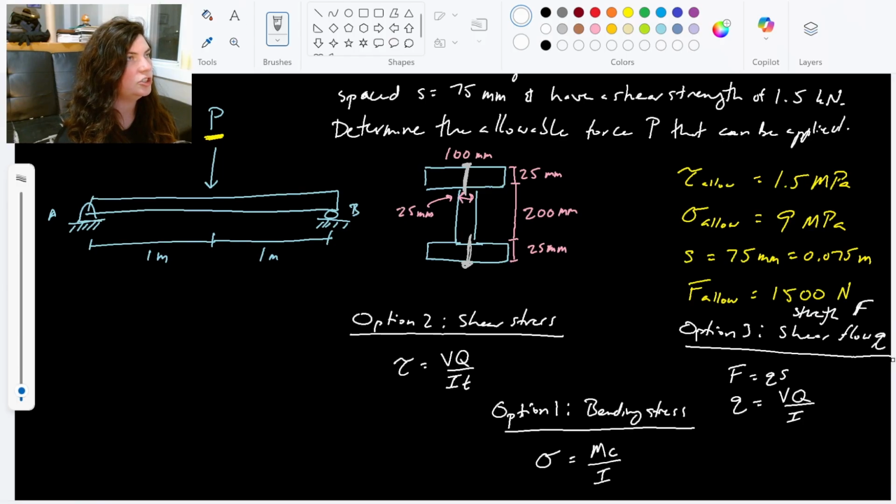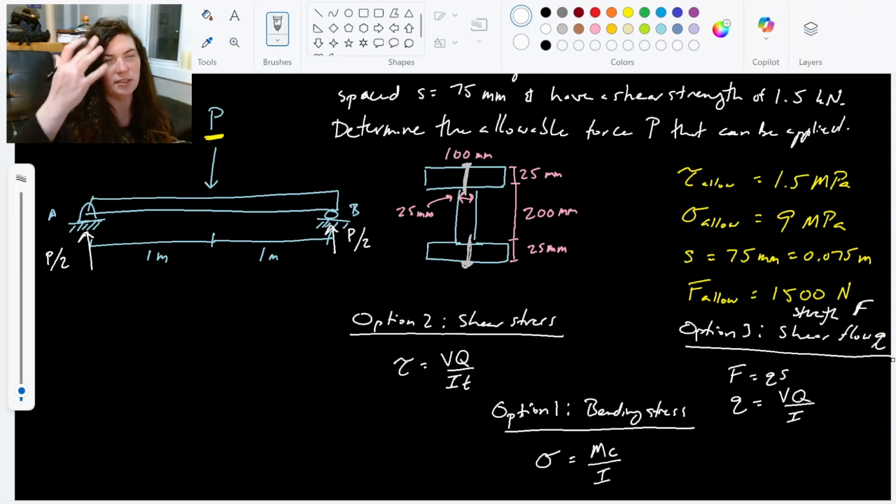I go ahead and look at my shear and moment diagram. So P hits right in the middle of this beam with a pin at A and a roller at B. And since this is perfectly symmetrical, I know that each of these reaction forces are going to take on half the load of P. P over 2, they each get half of the load of P since P is right in the center.